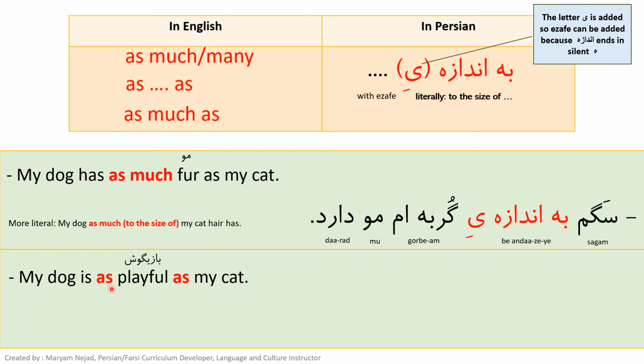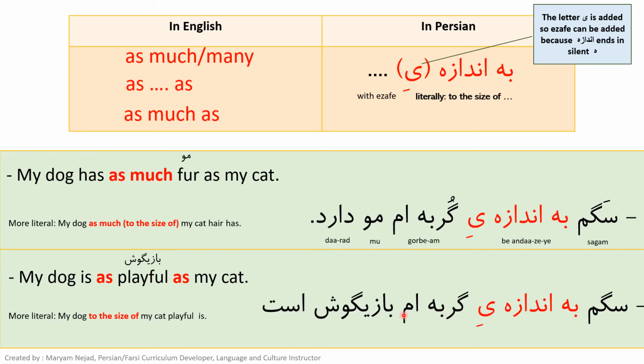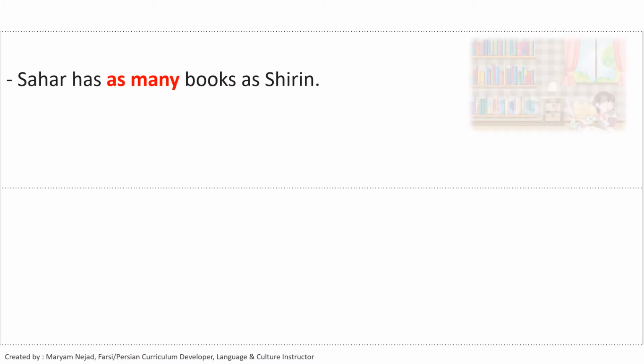So we learned this earlier, but now we want to use به اندازه. سگم به اندازه گربه ام بازیگوش است. And بازیگوش means playful. Next example, we want to say Sahar has as many books as Shirin.